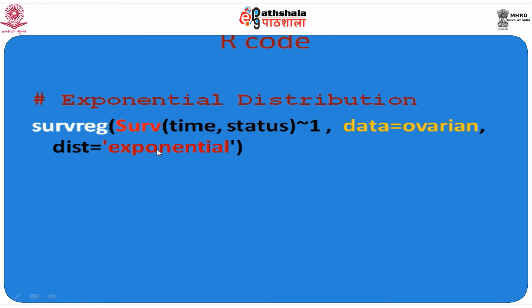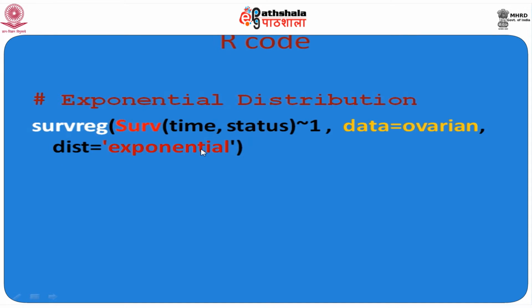It is to be noted that if you assume your data follows the Weibull distribution, then exponential can be replaced by Weibull. If you assume your data follows the normal distribution, then dist equals exponential can be replaced by normal. If you assume the gamma distribution, then the dist can be altered to gamma.